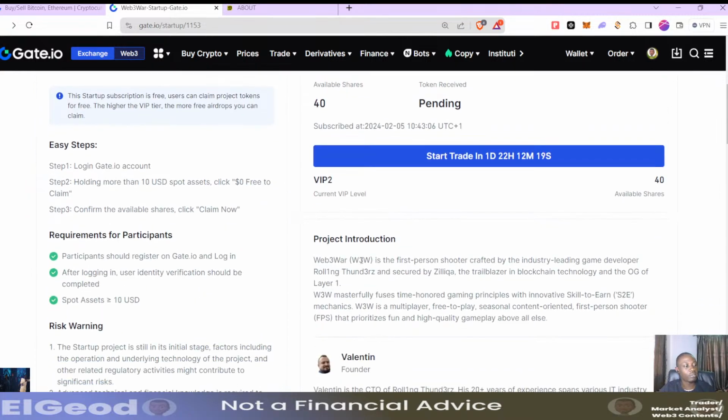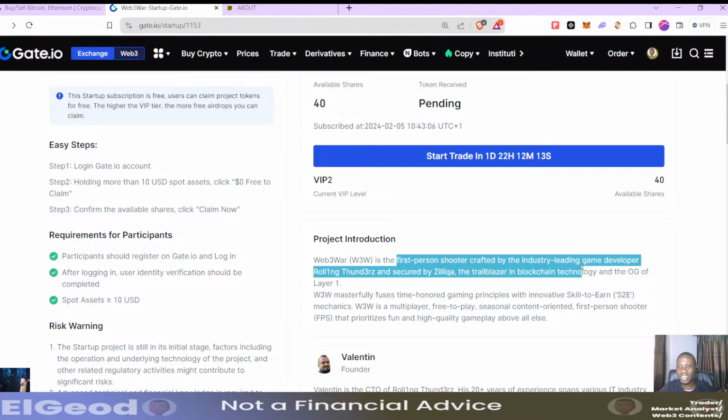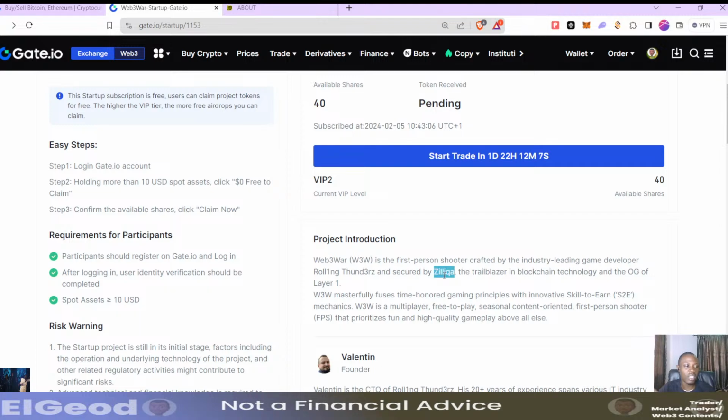web3war, also known as W3W, is the first-person shooter crafted by the industry-leading game developer Rolling Thunders and secured by Zilliqa. Meanwhile, Zilliqa is a blockchain network, and I guess it's interesting for every one of us to see that.